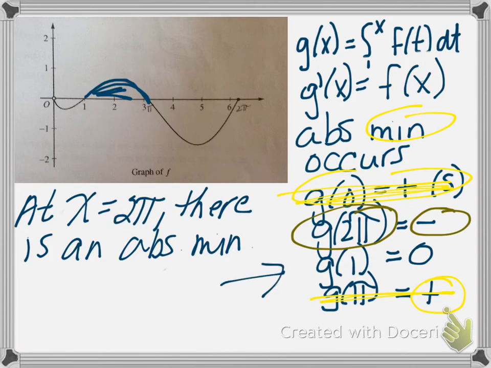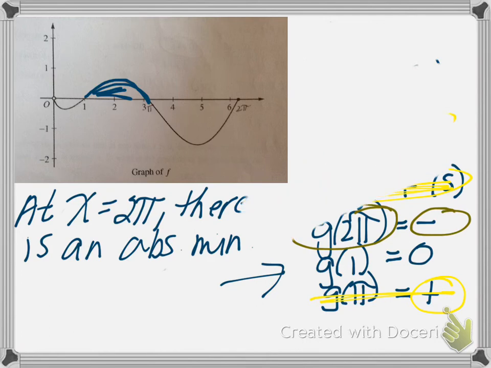And all the work that you have over here, that just proves that, like, it's asking for you to justify, that justifies it. Because it's showing that only at 2 pi would you get a negative number. Okay, that's part C, and now let's go to D. There's a bunch of room.